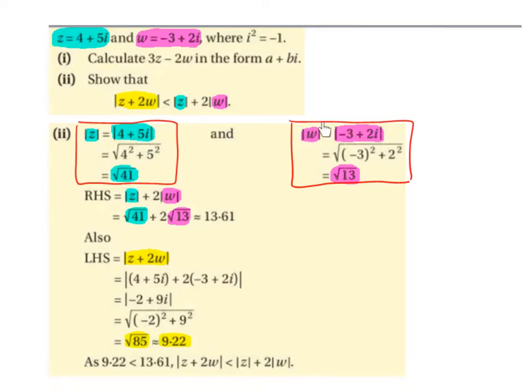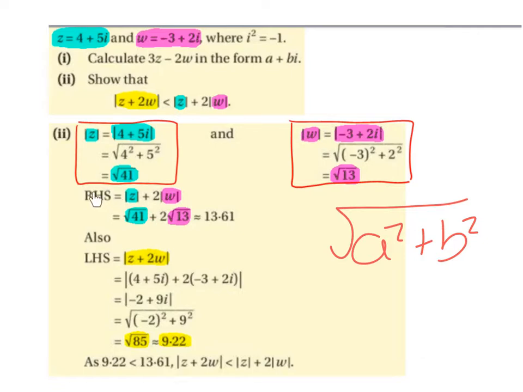And then the modulus of w, well, w was minus 3 plus 2i, so the modulus will be the square root of minus 3 squared plus 2 squared, which is root 13. So this formula is the square root of a squared plus b squared, where a is the real part and b is the imaginary part, but without the i. And this comes from Pythagoras' theorem. So if you want to understand where this formula actually comes from, look at the previous video.